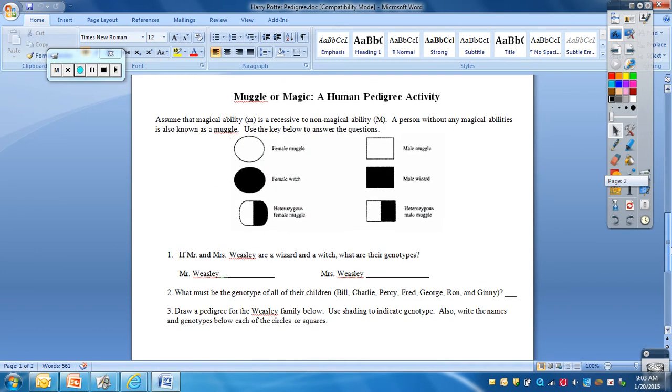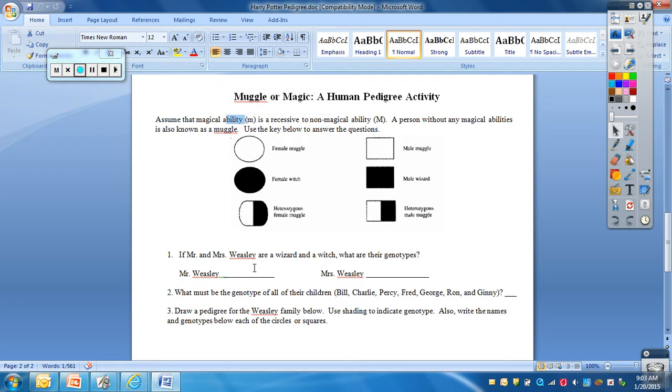All right, now we're going to be looking at Harry Potter. Number 1 says, if Mr. and Mrs. Weasley are a wizard and a witch, what are their genotypes? Mr. Weasley is a wizard, and up here it says that magic ability is recessive to non-magic ability. So this is going to be an autosomal recessive trait.